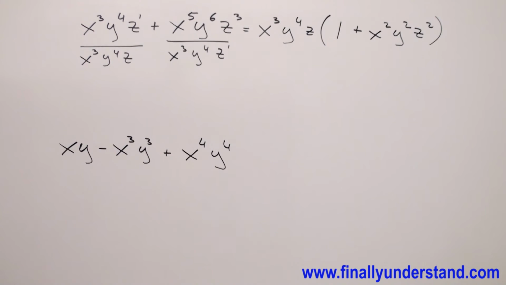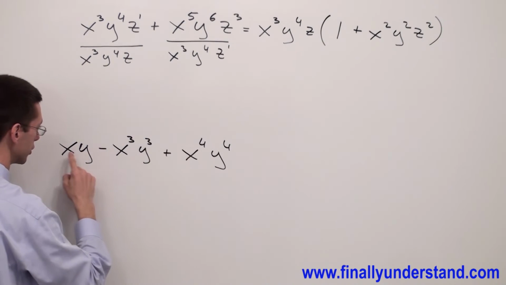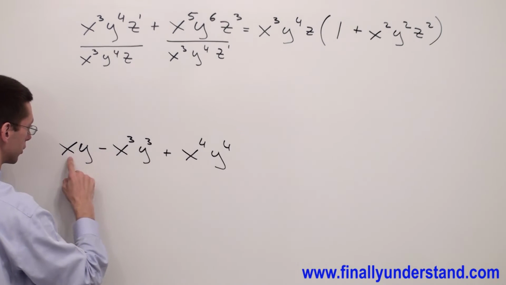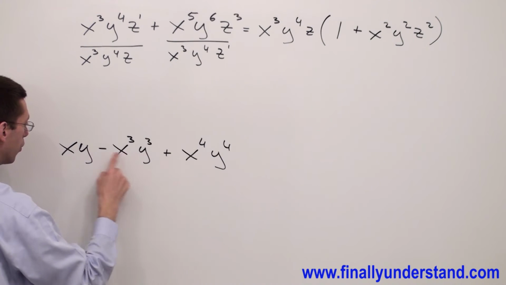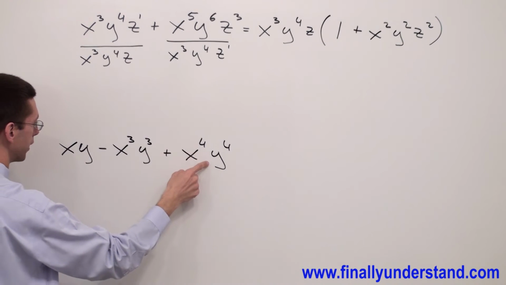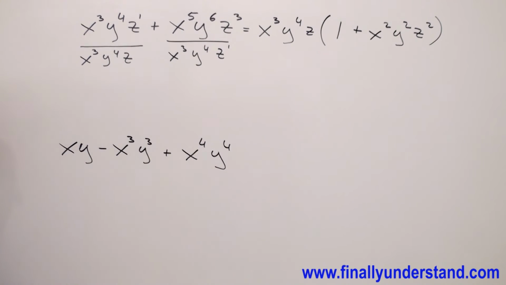Let's take a look at the second example. Look at the variables first. We have x. X is the part of every single term. Okay, it's the factor of every single term. Y is also the factor of every single term.